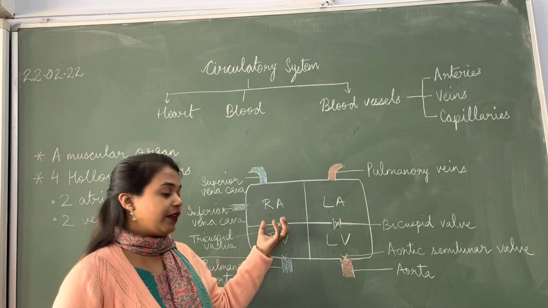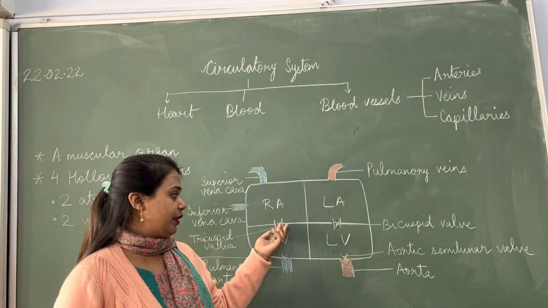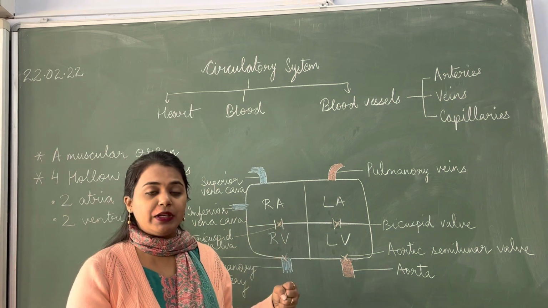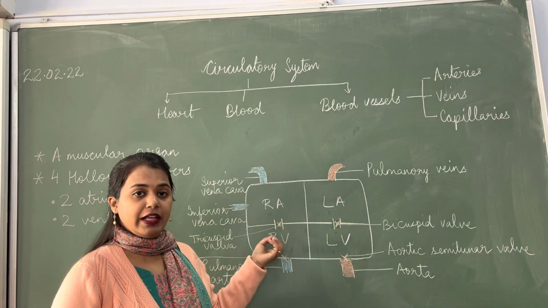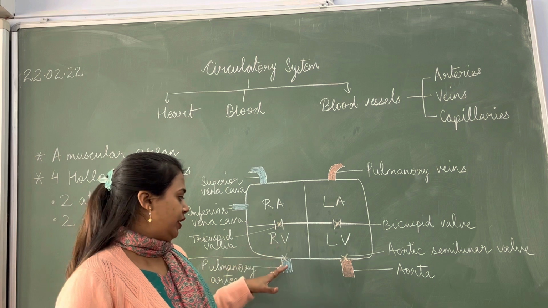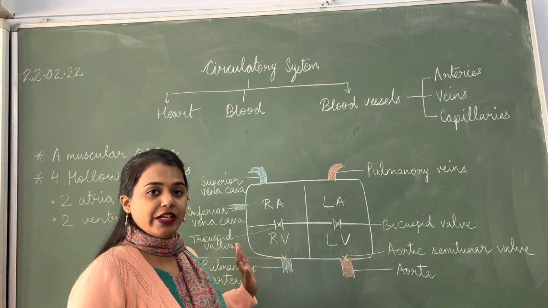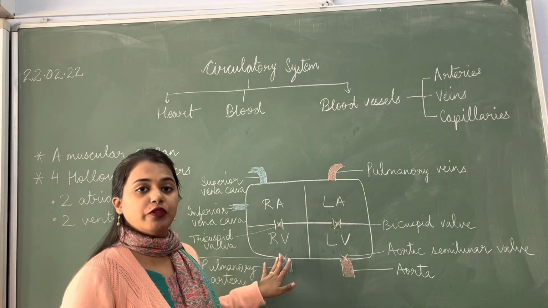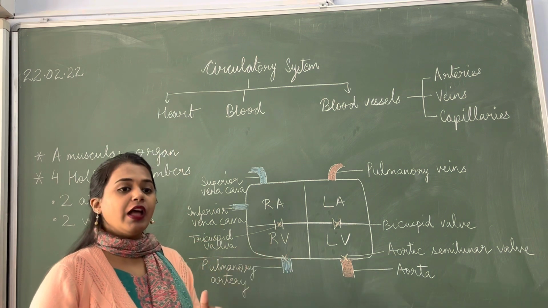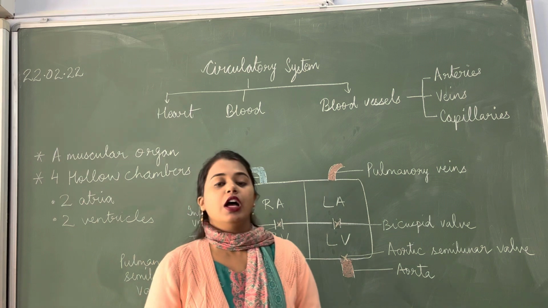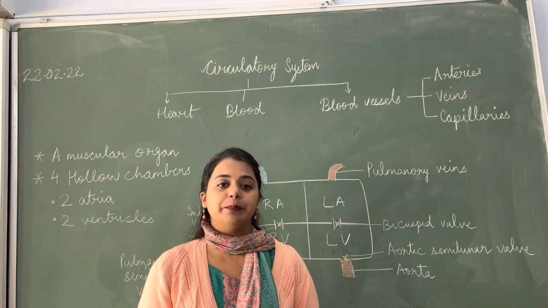Now at this time when the blood flows, the valves close sharply to prevent the backflow. When the ventricles contract, then the blood from the ventricles moves to the arteries, and these semilunar valves protect them from the backflow of the blood. And this cycle continues.